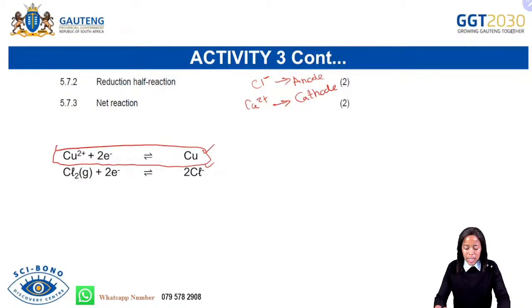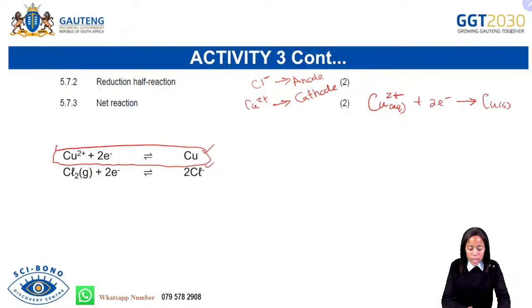So you are going to copy and paste. When you copy and paste, you will see that you have Cu2 plus aqueous plus 2 electrons. Because you have decided that this is your reduction half reaction, remember, you are going to use a single arrow, and that gives us Cu solid. Okay, so that will be our reduction half reaction.